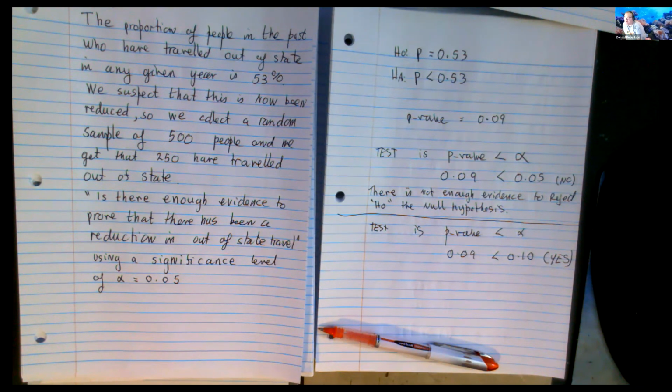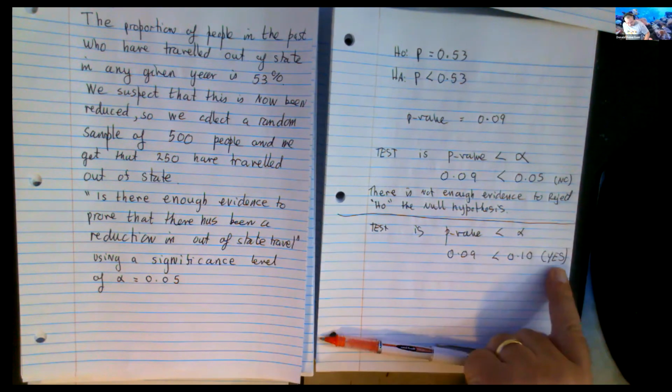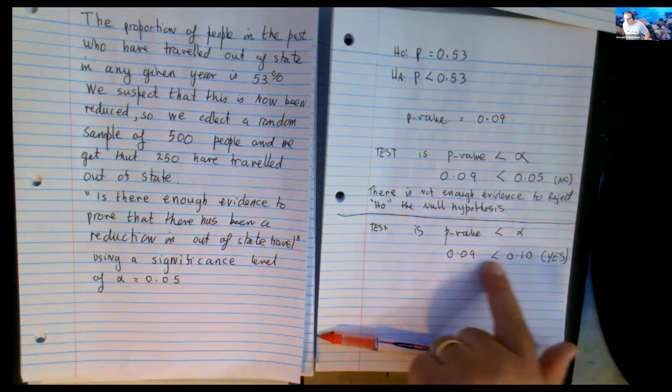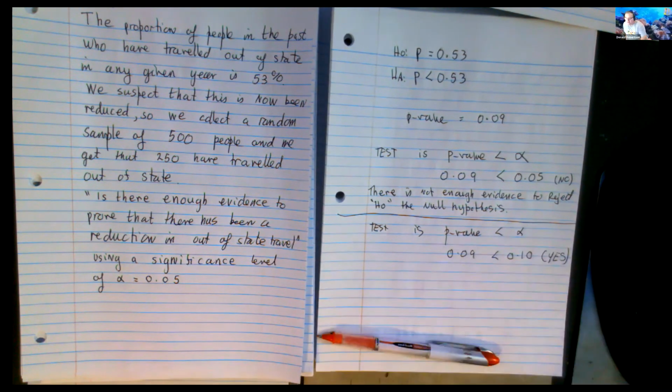Analogy. When you do a criminal case, do you notice that the two verdicts are guilty and not guilty? Guilty would be this kind of situation. Yeah, we've proved that this is true. The alternate is true. And do you know why they say not guilty instead of innocent?